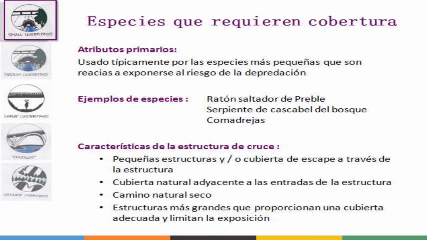In this series of slides, the one that is highlighted are the structure types that group will accept in one form or another. So even if you have a very large structure, such as an overpass or a large underpass, if you put the kind of cover there that your target species likes, then it will still be considered working.